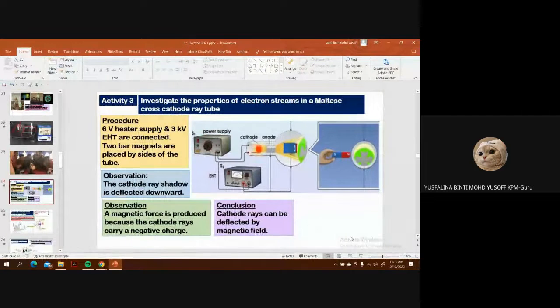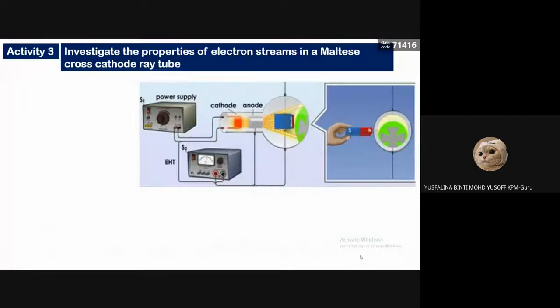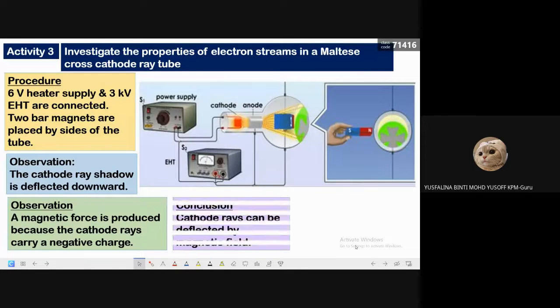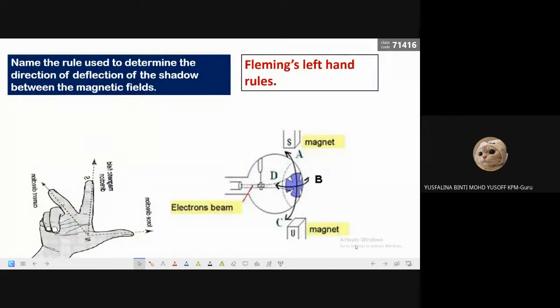All right, so we move to the next part. Investigate the properties of electron stream in a Maltese cross cathode ray tube. We already saw how the teacher did the experiment. What is the rule used for the deflection of the shadow? The Fleming left hand rule. Remember, even though the electron moves from here to here, the current moves the opposite way.